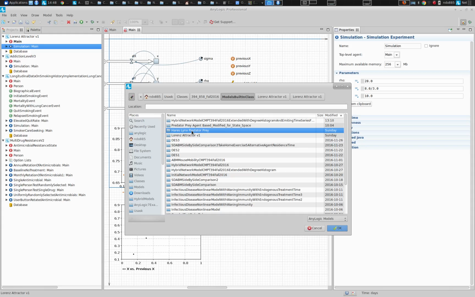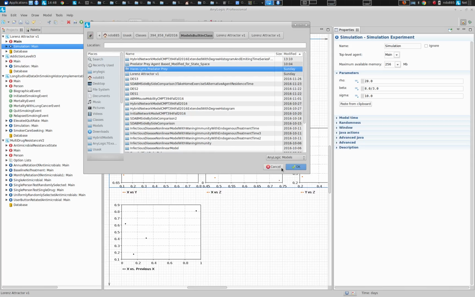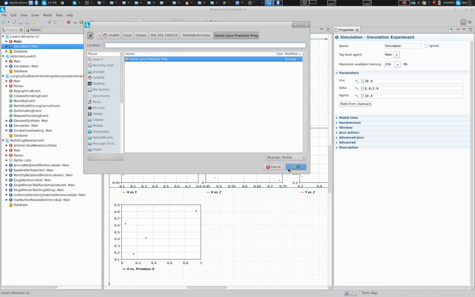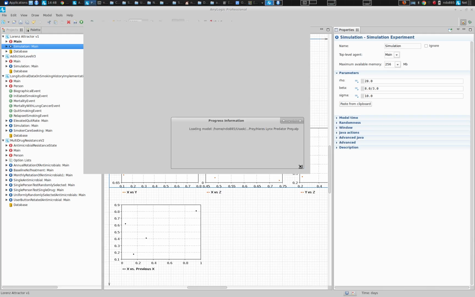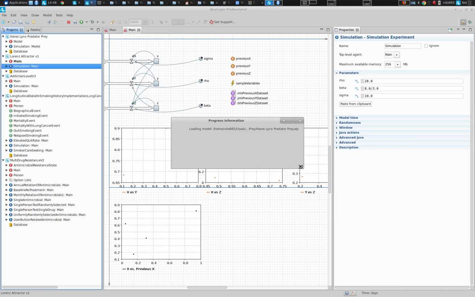Do you see that? Yeah? Okay, Hare Lynx Predator Prey. I think somehow the name got messed up. You may have to go two levels in to open up this file. So this is actually one of AnyLogic's built-in models.